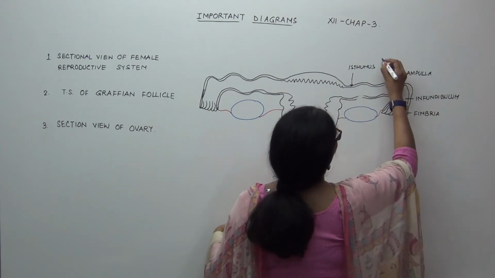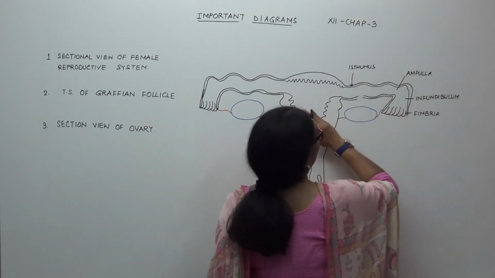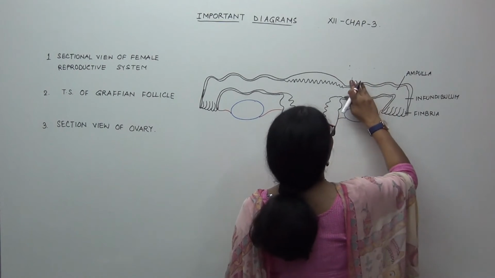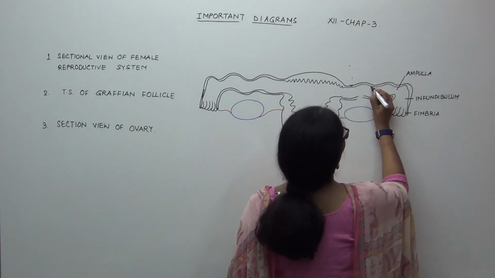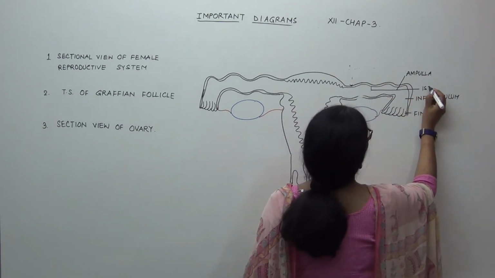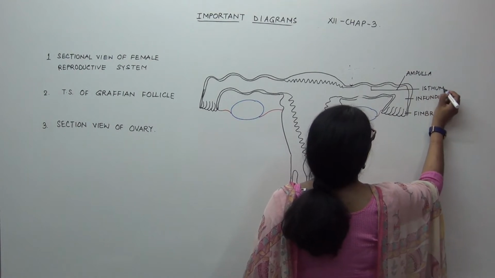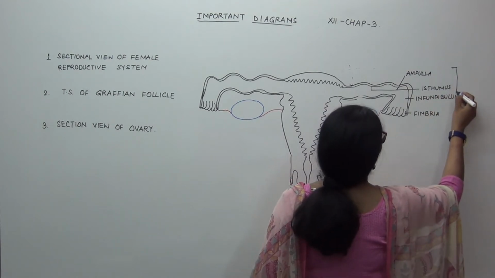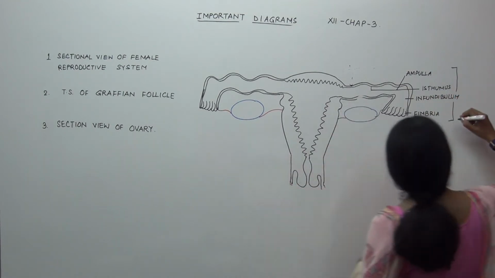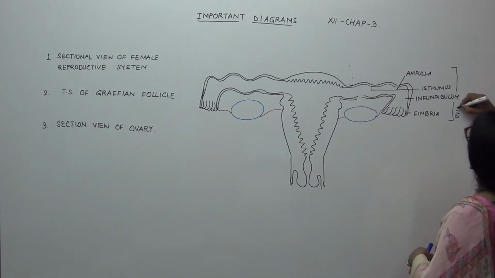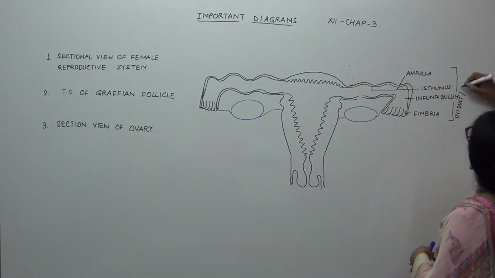Right? And all these together, I could have made it a little bit this side. Let me make it this side. This is isthmus. And all this together, this is called as the oviduct or the fallopian tube. So this is oviduct or the fallopian tube.